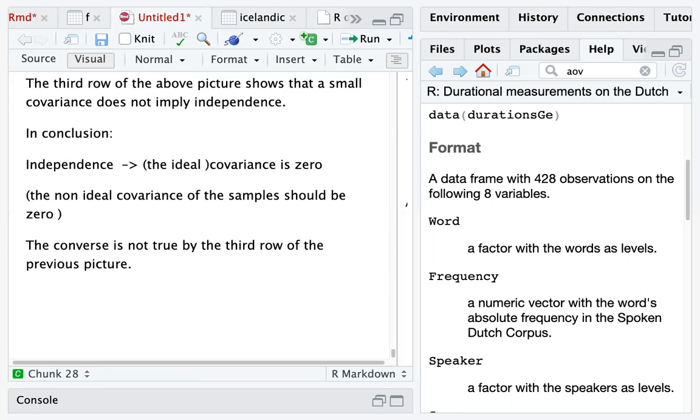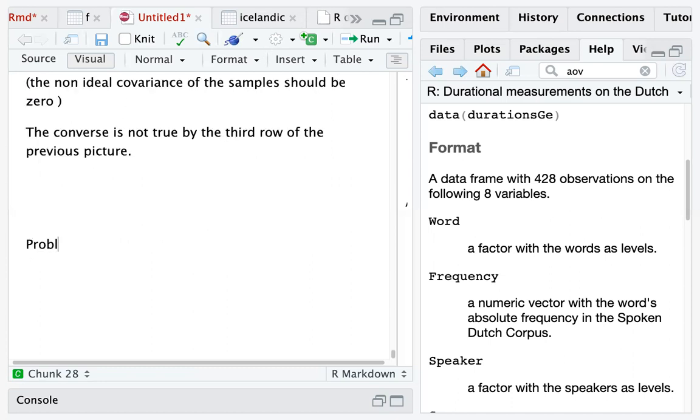The problem with covariance is the following: if you take the covariance of a sample x, y, and you multiply a sample by 10, this is equal to the covariance of x and 10 times y, which is equal to the covariance of x and y multiplied by 10.